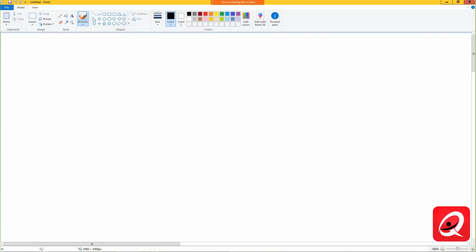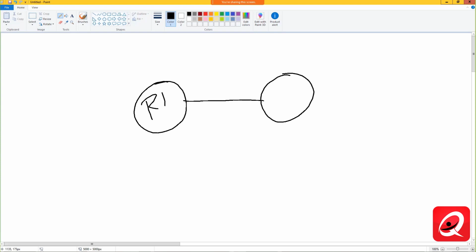It's actually one of the simplest types that you'll see in OSPF. You've got router 1. It's got a single connection to router 2. Now that doesn't mean that connection is a point-to-point Ethernet connection.